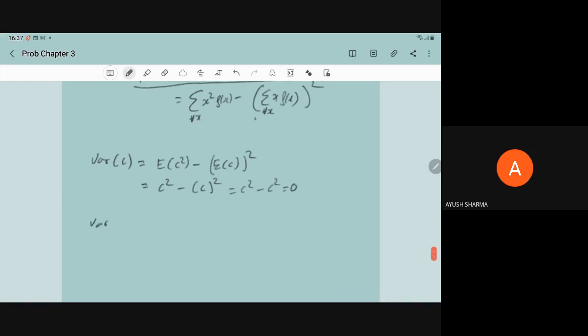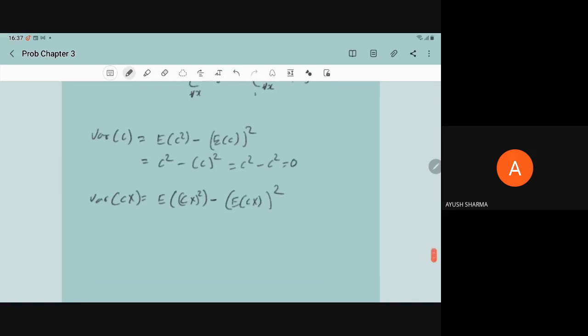If you have to compute the variance of cx, it is the expectation of cx whole square minus square of expectation of cx.